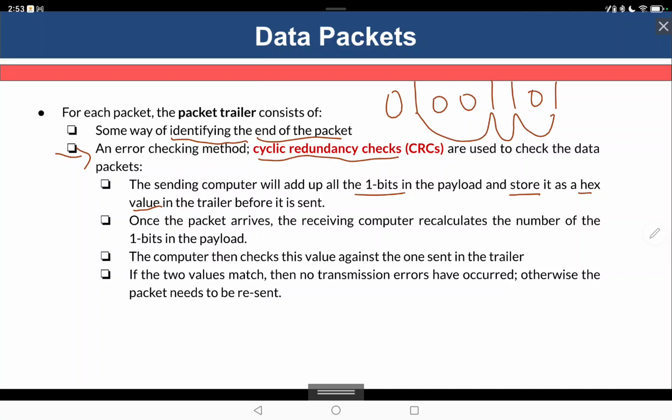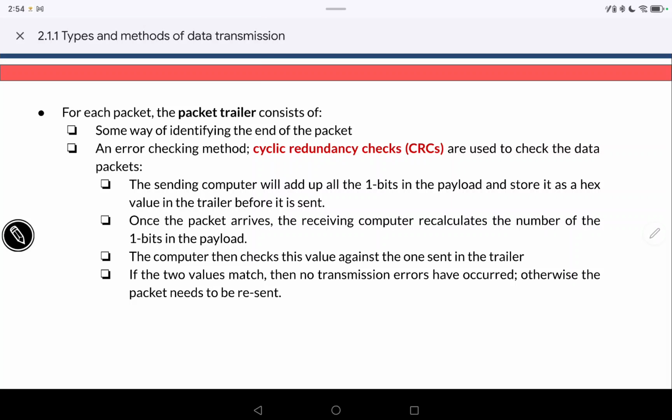Once the data arrives at the receiver end, the computer will recalculate the number of 1 bits in the payload. After recalculating, the computer compares it against the value that was sent in the trailer. If the two values match, then that means there's no transmission error. Otherwise, the packet needs to be resent. So these are the three items in the data packet.